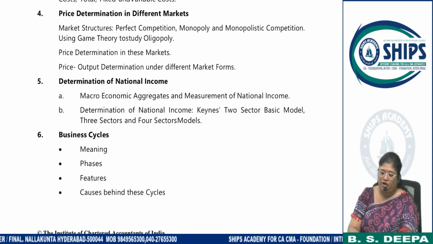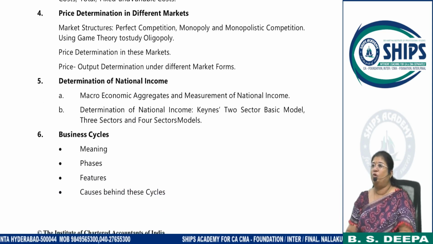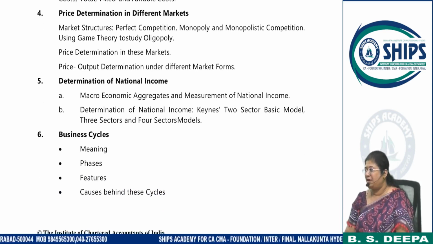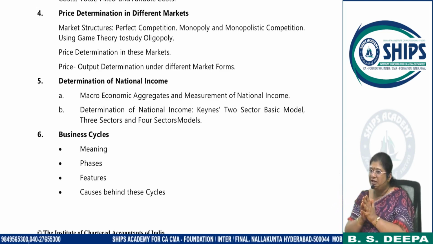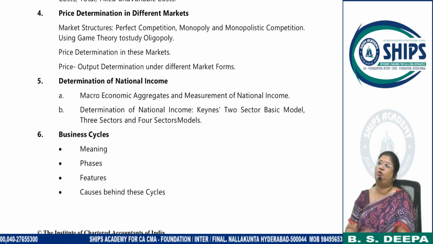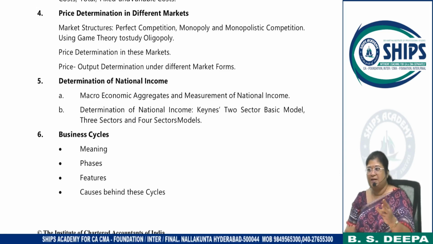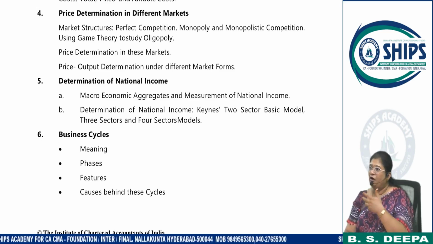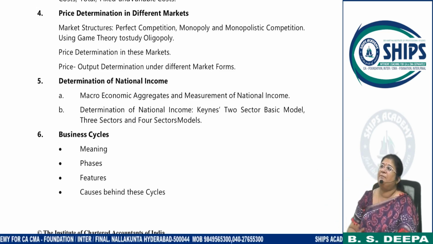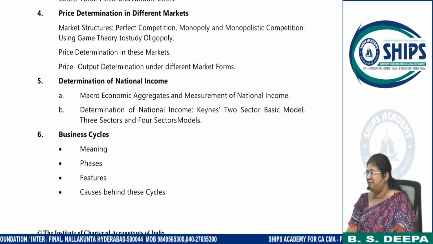And determination of price in different markets, where actually what all you have learned in the first 3 chapters, that is first 3 units, all of that will be put together, coming together in this fourth chapter, which is the price determination in markets, because demand, supply, your consumer behavior, whatever is there, all those theories will be culminating, coming together in this particular unit, right?